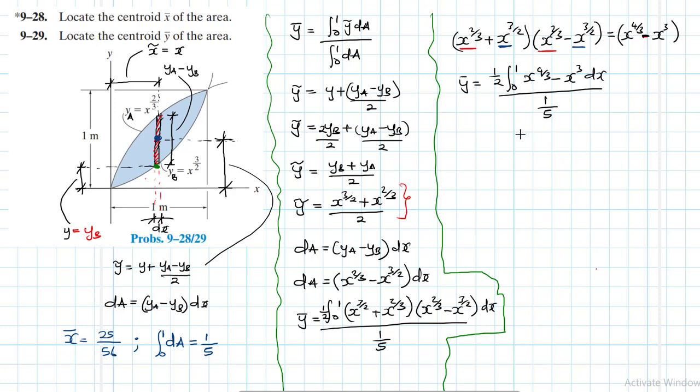Okay, is that fine? Then if you did the integration finally, what do you have? We are going to have 1 over 2, like so.